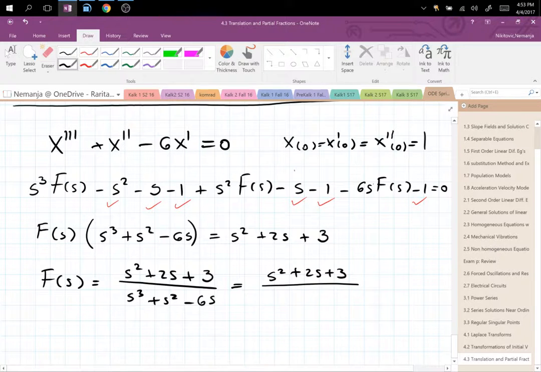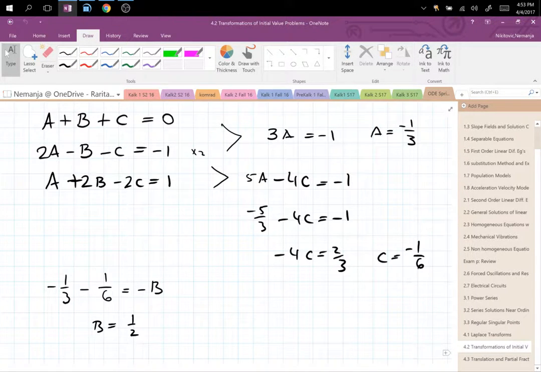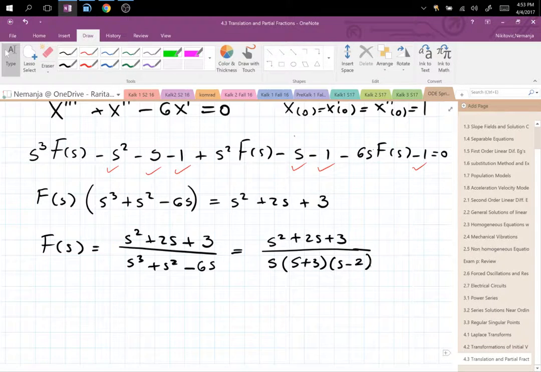And in the denominator we have s, and then I have s plus 3, and s minus 2. Is that good? Hopefully. What just happened?